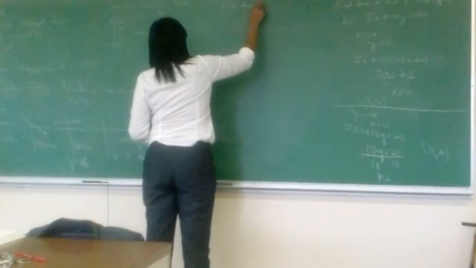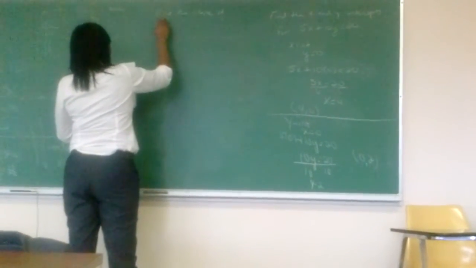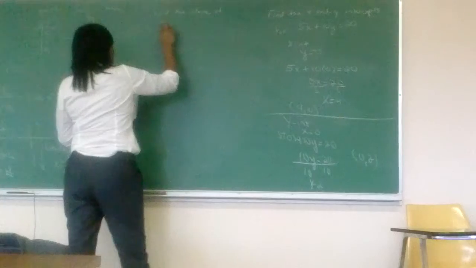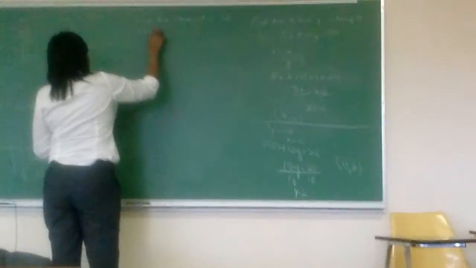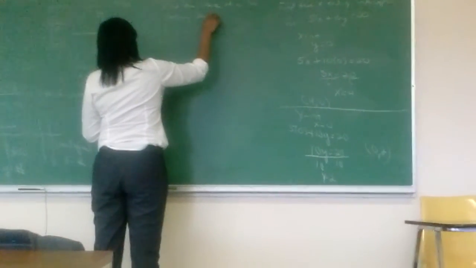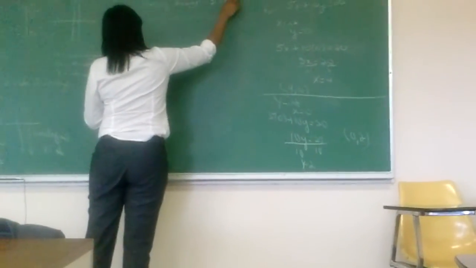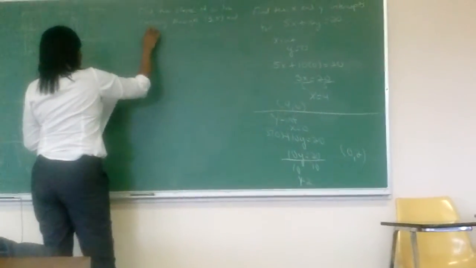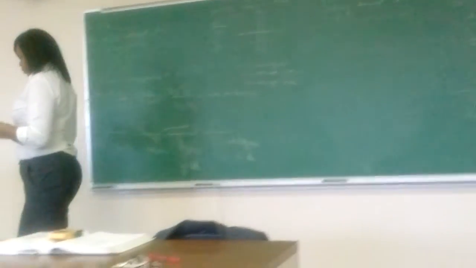Find the slope of a line passing through 3, 5 and -2, 1.